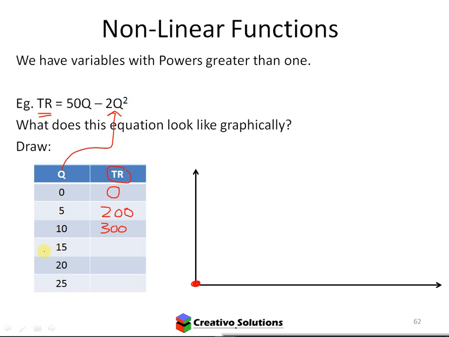So what do we get for the last three? For 15 we should have got 300 as well, right? 300, 200, 0. Yes.